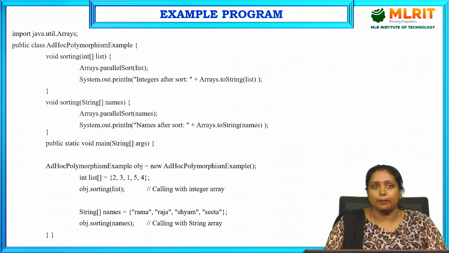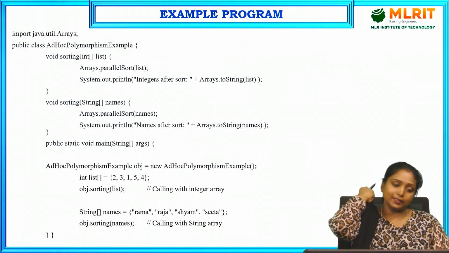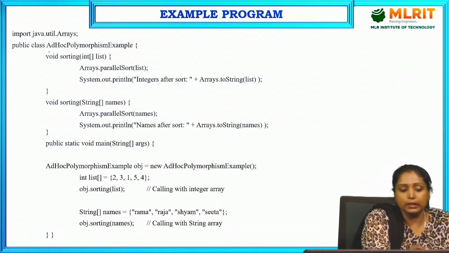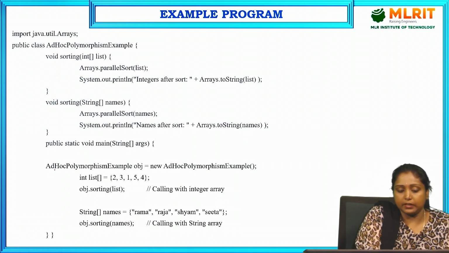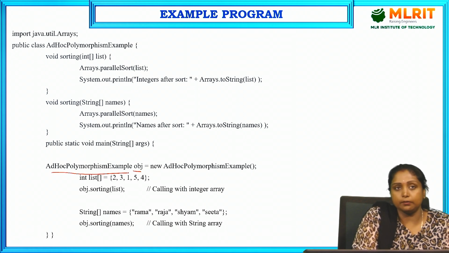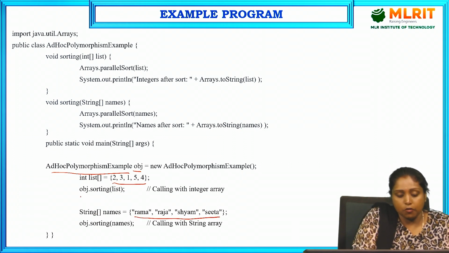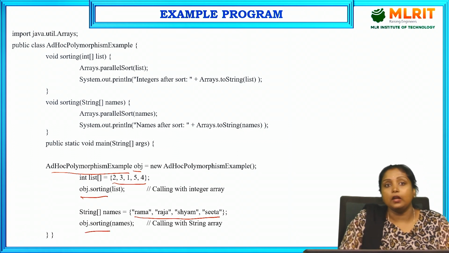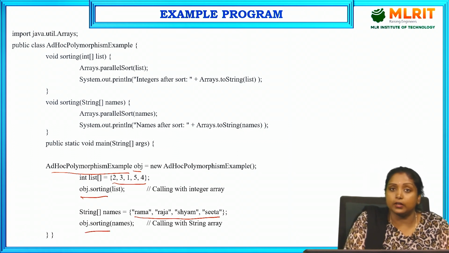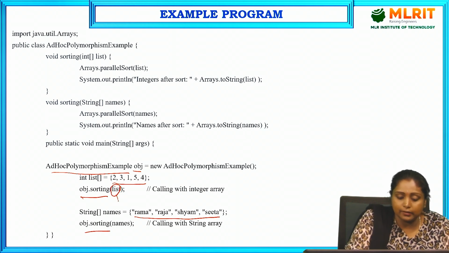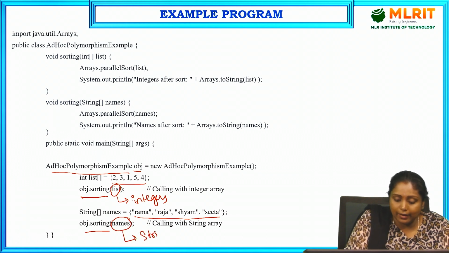Going to the example program, see here I have written a small example program using arrays. I am creating an object for ad hoc polymorphism, and a list of integers and in the same way a list of names, and I am calling object.sorting. The method name is the same, but what differs is that the list consists of integer values and the names consist of string values.